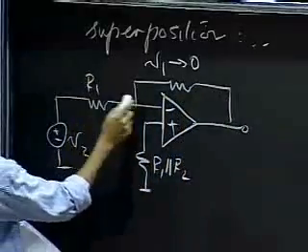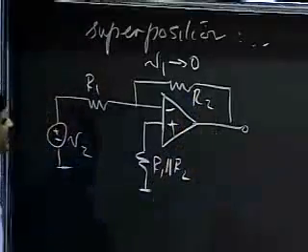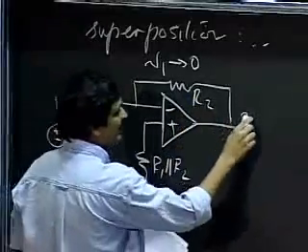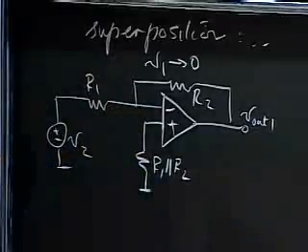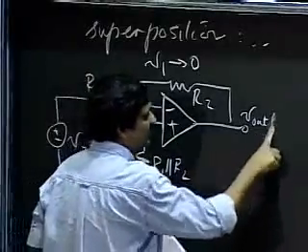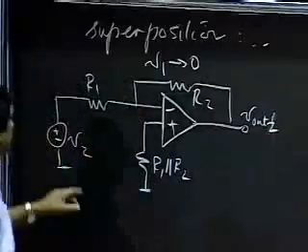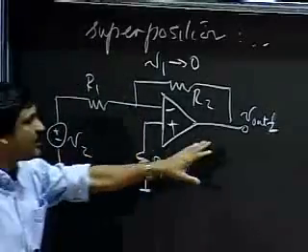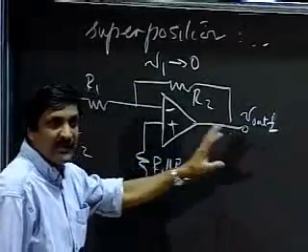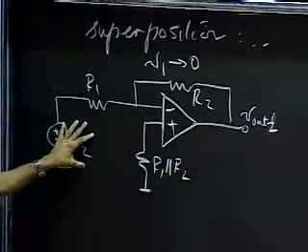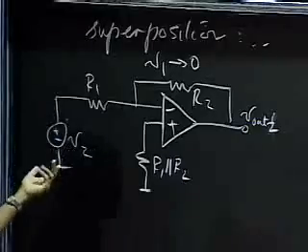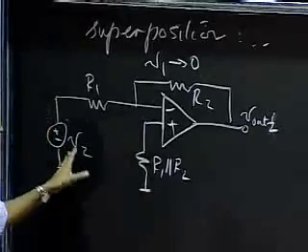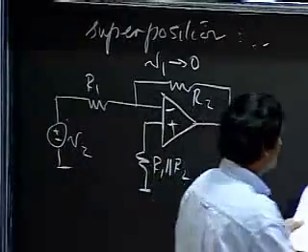This was R1, this was R2, and let me call that V out 2, the component of the output that relates to V2 acting alone. Remember superposition? Build two subcircuits, one that depends on V2, and another one that depends on V1.